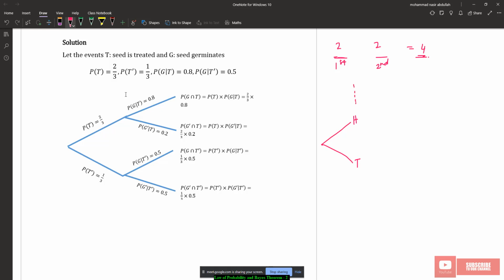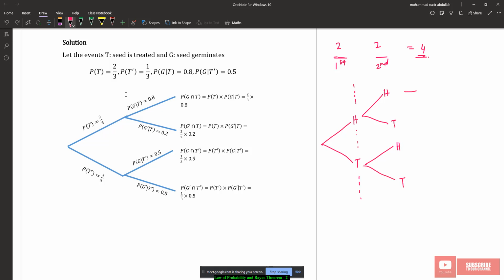This is the first toss. If the first toss you got head, the second toss you still have 2 outcomes, head or tail. Are you with me? Right? If the first toss you got tail, the second toss you also have 2 outcomes, head or tail.